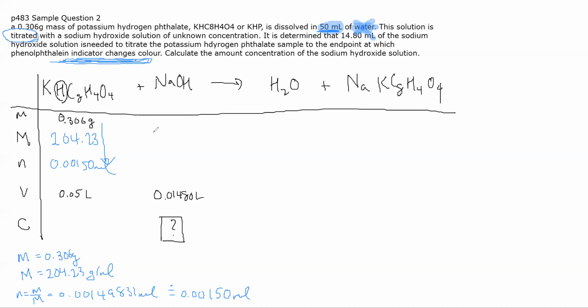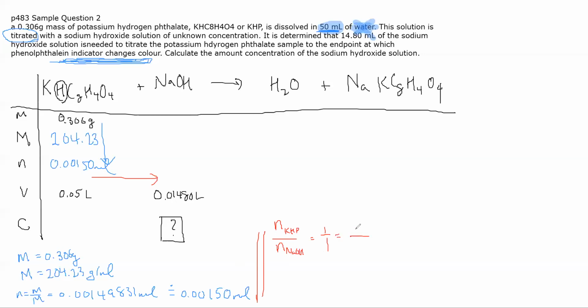Okay, next, let's use a different color. This is my next goal. By mole ratio, I know that the number of moles of the KHP, is that the acronym that they use? KHP, okay, to the number of NaOH is going to be 1 to 1.